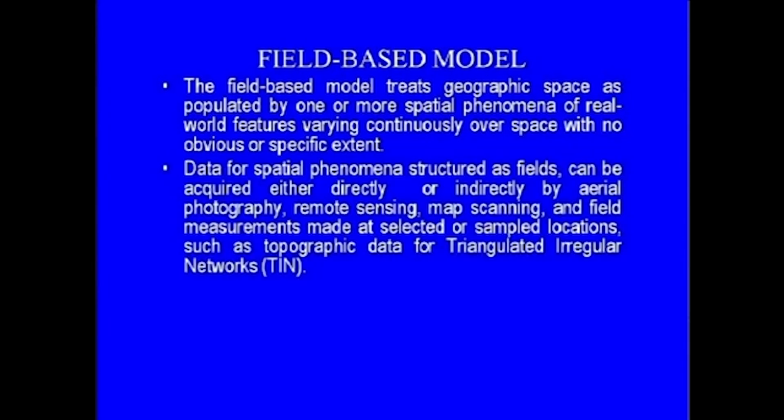Data for spatial phenomena structured as fields can be acquired directly or indirectly by aerial photographs, remote sensing, map scanning and field measurements made at selected or sampled locations, such as topographic data, which can be represented by triangulated irregular networks, or in short TIN.